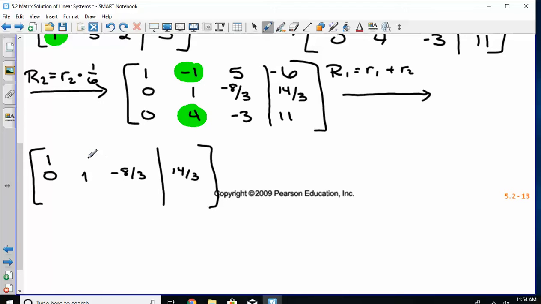Negative 1 plus 1 is 0. 5 plus negative 8/3, 7/3. Negative 6 plus 14/3. Negative 4/3.